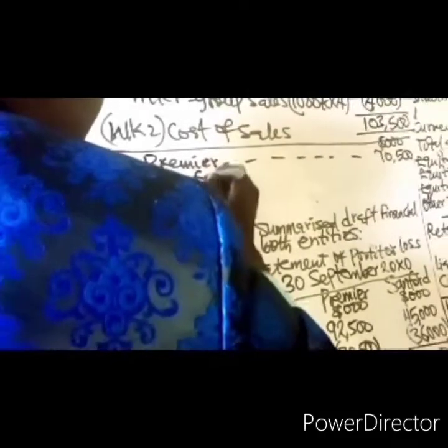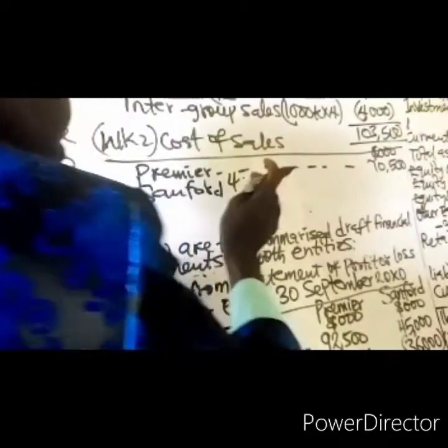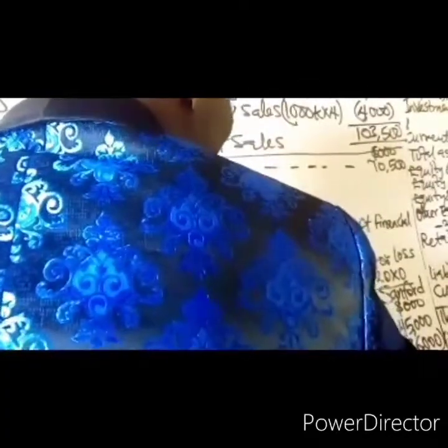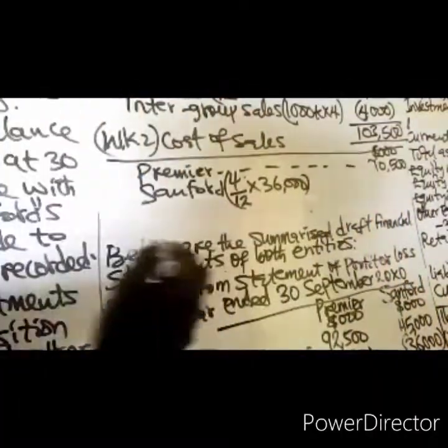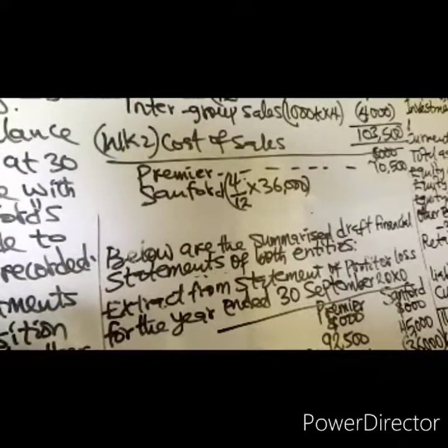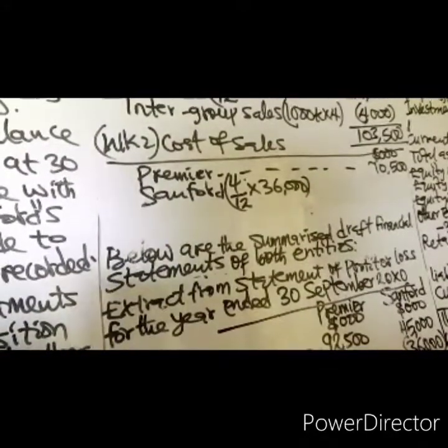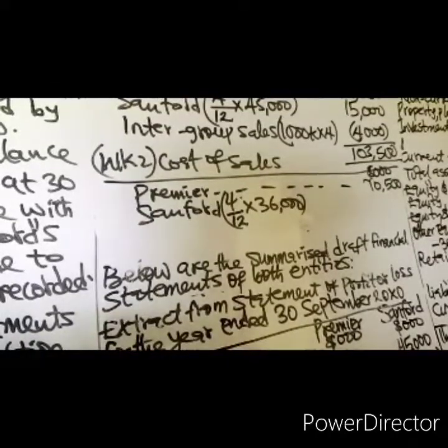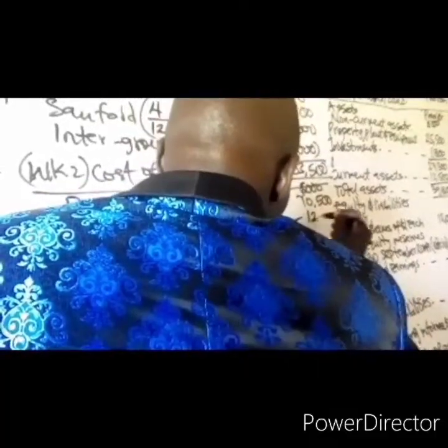I've told you that you are going to apply time apportionment, which is 4 months. Since 4 months relates to the post-acquisition period, 4 out of 12 times 36,000. Don't forget, time apportionment will only be applied to the statement of profit or loss, not to the statement of financial position. So 4 over 12 times 36,000 will give us 12,000.